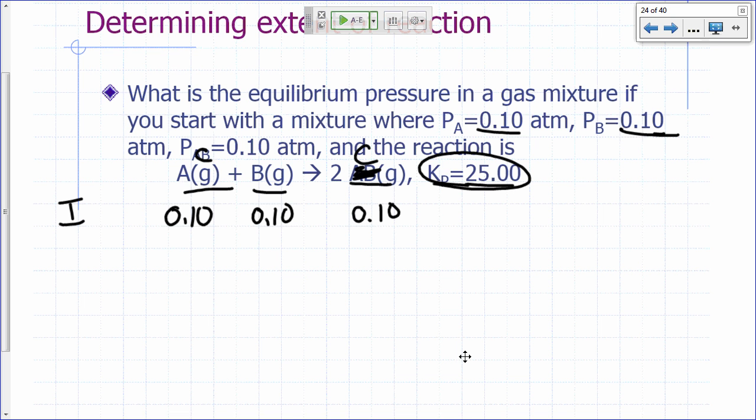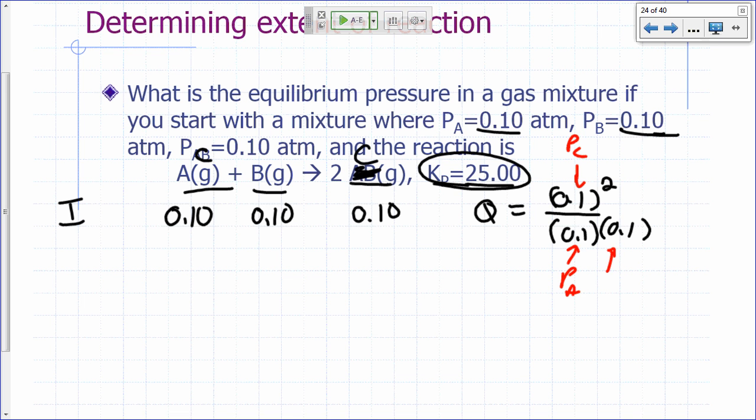So what is our Q initially? It's going to be 0.1 squared over 0.1 times 0.1. So this is pressure of C squared over pressure of A times pressure of B. What is our value of Q initially? 1.0, 2 sig figs.